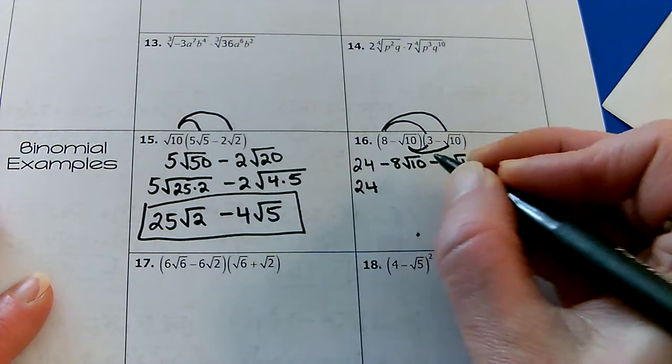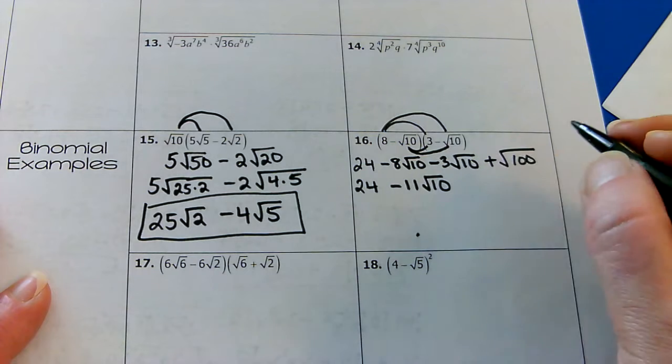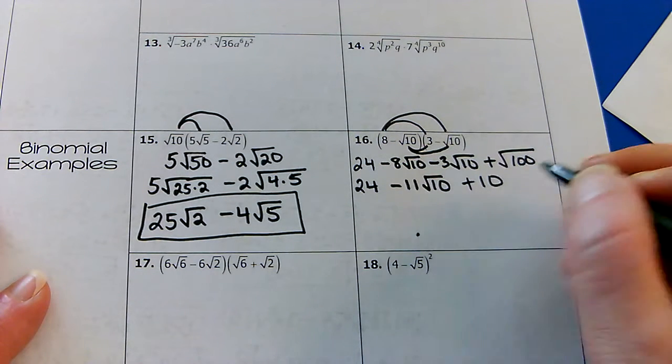So I have a 24. These two are like terms. Negative 8 minus 3. And the square root of 100 is actually a 10.